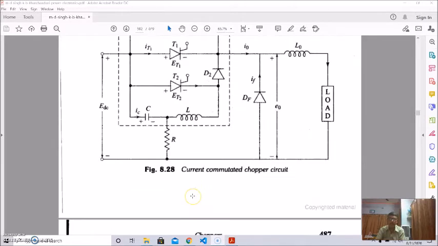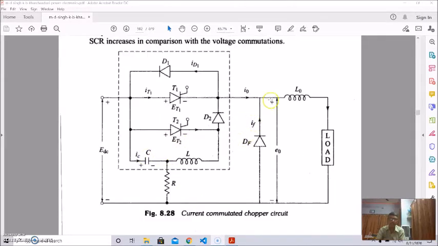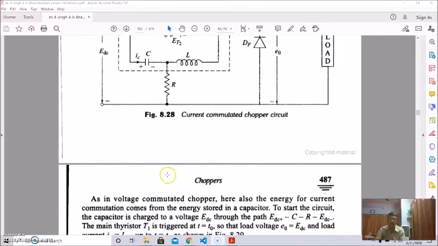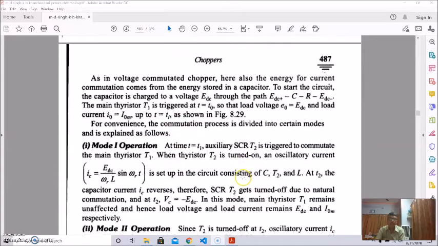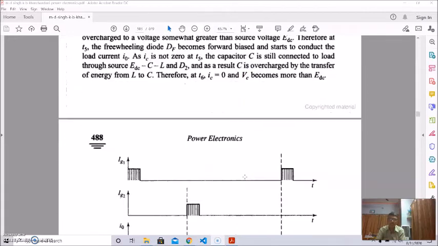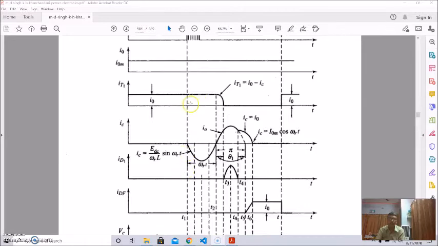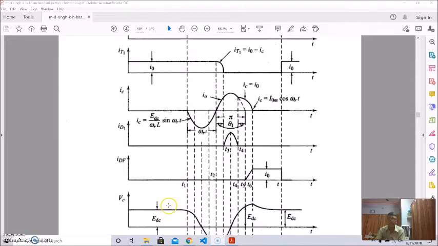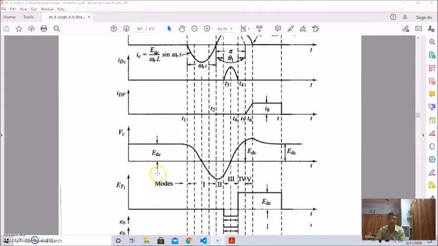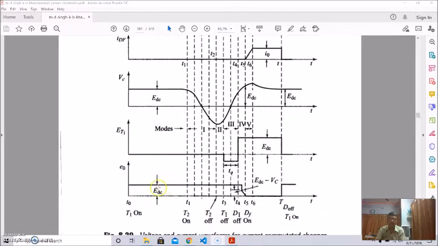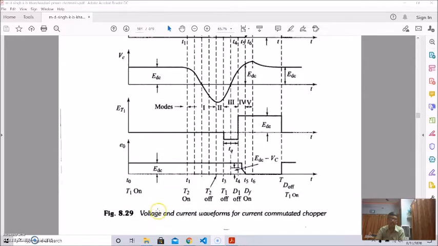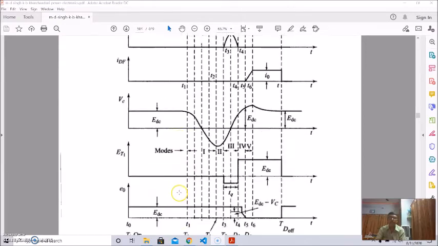This is shown in this figure, with the current IT1 up to t1 and the voltage EDC. This is the charging voltage, this is ET1, and this is the output voltage EDC. These are the voltage and current waveforms of the current commutated chopper.